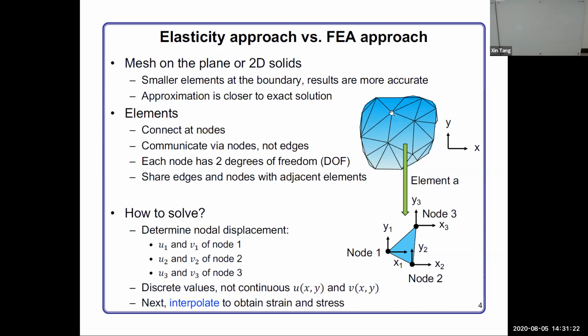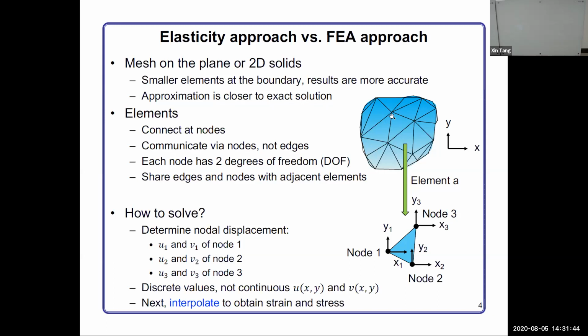One thing very important is when you look at those elements, they are actually connected at the nodes. So there are no free nodes that are connected with nothing. Every node is connected to many different elements.